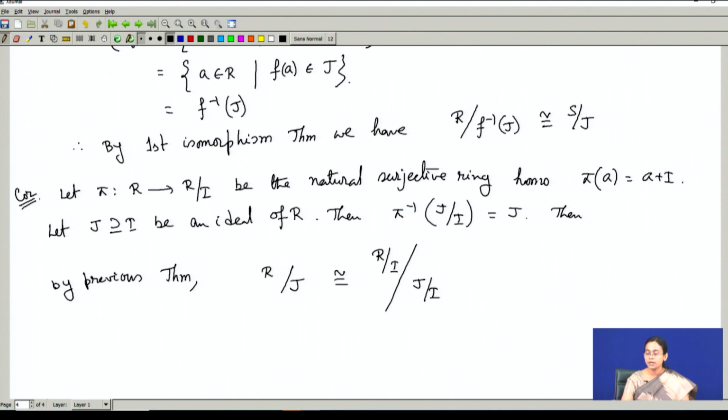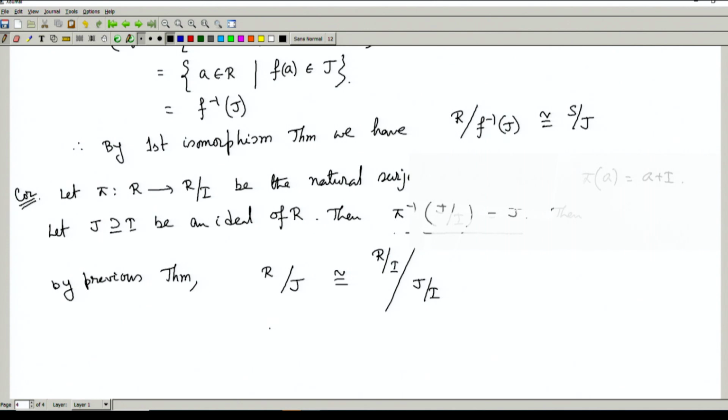If you want to relate it with the previous theorem, S here is nothing but R quotient I and J is nothing but J quotient I, and then via the previous theorem, the pre-image of J quotient I is nothing but the ideal J. Therefore, R quotient J is isomorphic with R quotient I quotient J quotient I.